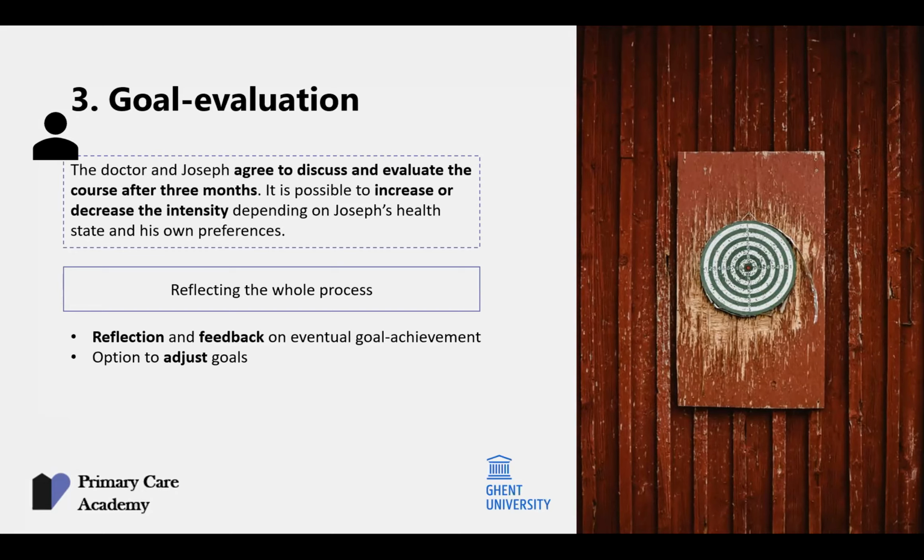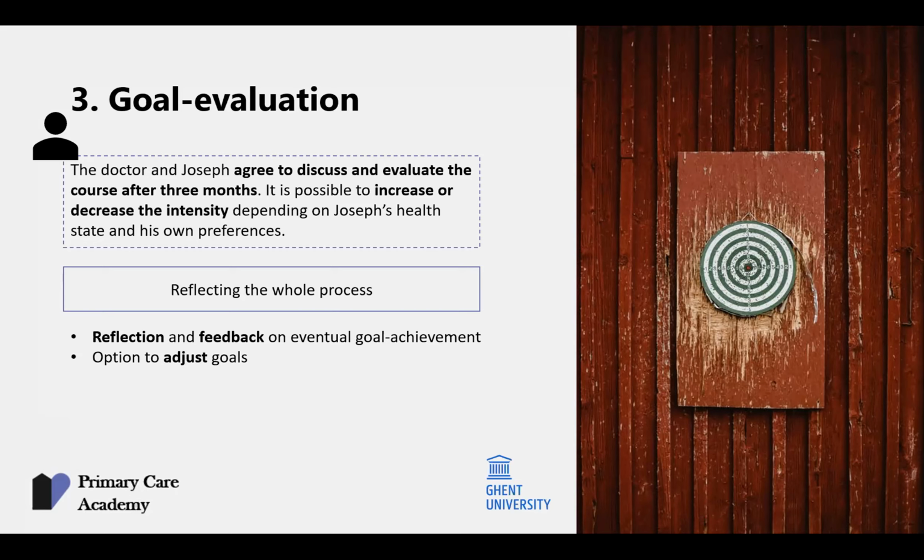And goal evaluation does not necessarily mean that a goal should be attained and a goal should be measured, but it's more the reflection and feedback that's the most important part in the stage of goal evaluation. And this stage allows also the redefining and adjustment of goals, which also characterizes the iterative and dynamic process that goal-oriented care is.